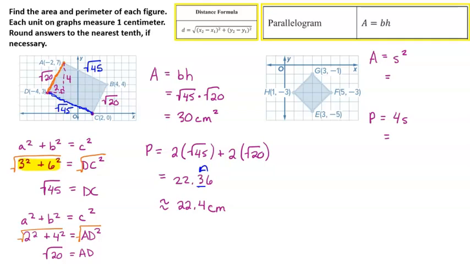Now, this would be super easy using the Pythagorean theorem, but I do want to show you what it is to use the distance formula. So remember, it doesn't matter which one you label as x1, y1, x2, y2. We're just going to pick two of these that are next to each other. So I'm going to choose like that.